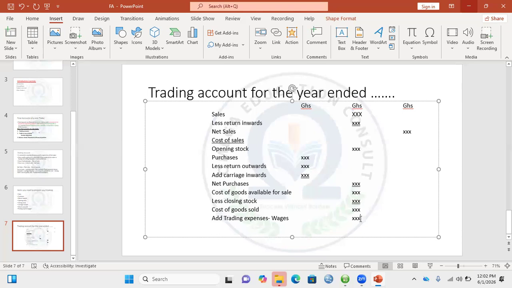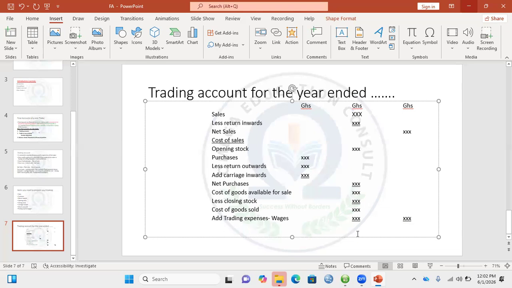And this cost of sales figure should now move to the third column, under the net sales. So now we are comparing the net sales to the cost of sales, and whatever difference you get could be a profit or a loss.